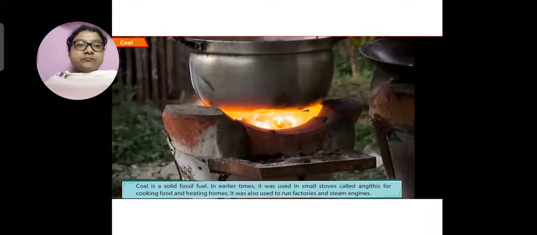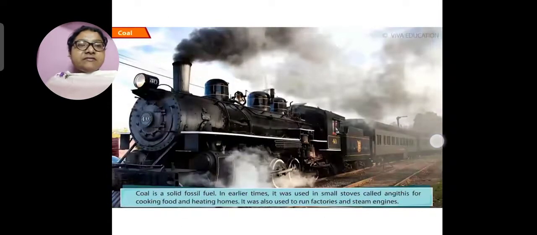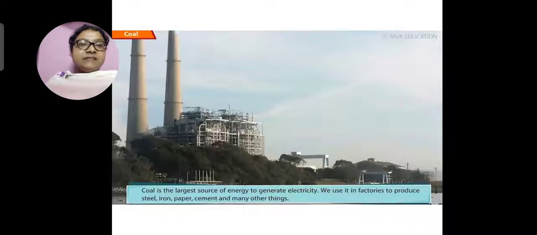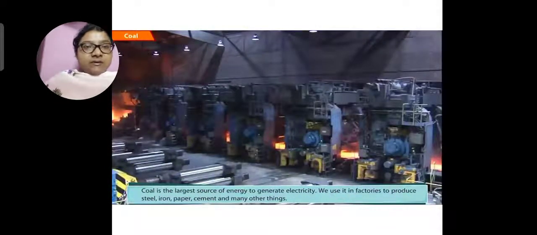Then you can see this is called an angithi, how coal has been used to make food, and this is in the factories, and this is in steam engines. Coal has also been used in factories, to run them and to produce electricity.